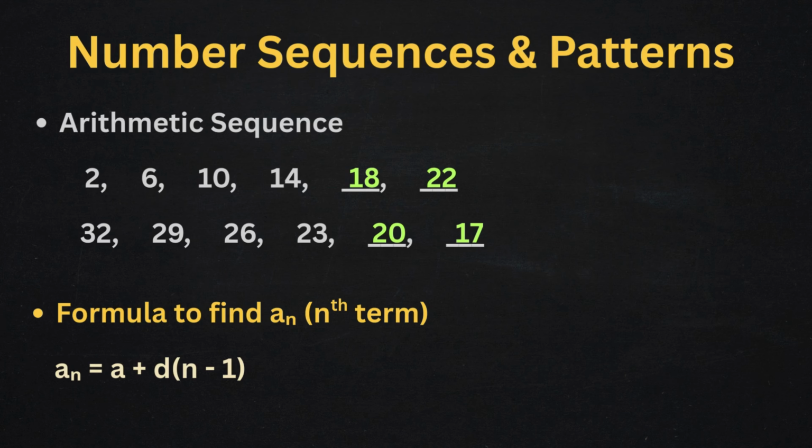And the formula for the nth term of an arithmetic sequence is an equals a plus d whole multiplied by n minus 1. Don't worry, if you don't know what an means, I'll explain that to you. So the nth term formula is an equals a plus d whole multiplied by n minus 1.